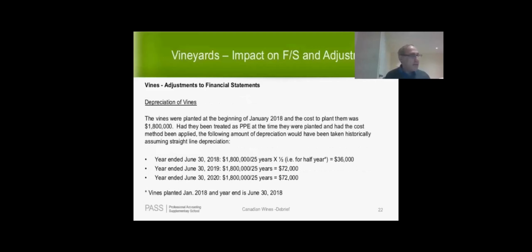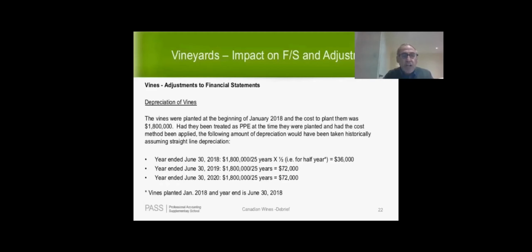Now let's deal with depreciation. The vines were planted at the beginning of January 2018, and the cost to plant them was $1.8 million. Had they been treated as PPE at the time they were planted, and had the cost method been applied, the following amount of depreciation would have been taken historically, assuming straight line. Lorraine, what I'm showing now is just simple straight line, but if you assume no depreciation in the early years, that would be fine too, as I mentioned earlier. For the year ended June 30th, 2018, it was only half a year because they were planted in January and the year end was 6 months later.